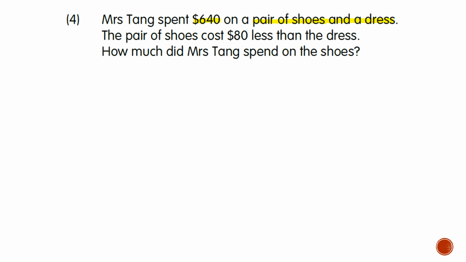The pair of shoes cost $80 less than the dress. So ask yourself this, which has more? Okay, the dress costs more than the shoes. Okay, so now you can start to draw a simple model before we go to read the last line. Okay, so dress is the longer bar, shoes is the shorter bar.